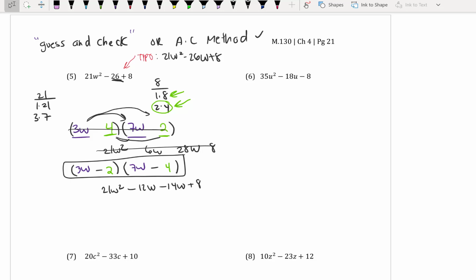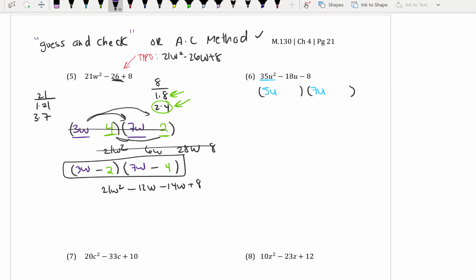So let's try this guess and check. So I have 35, 18, and 8. There's nothing in common. So I am going to go ahead and go straight into my guessing. So I know that for my first, if I have 35, I'm going to have a 5u and a 7u, since 5 times 7 is 35.